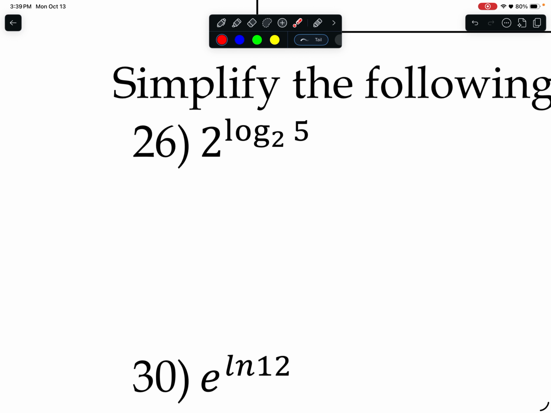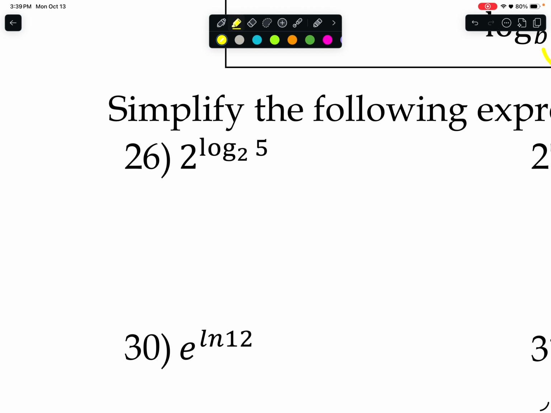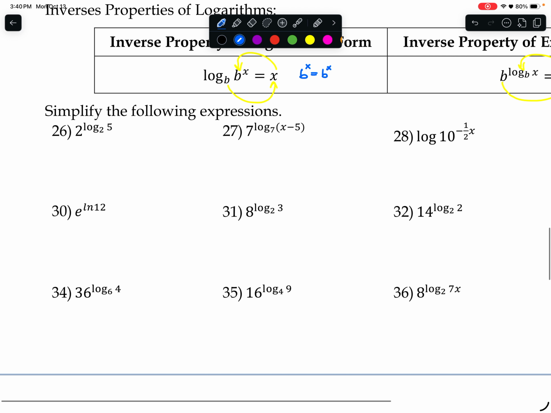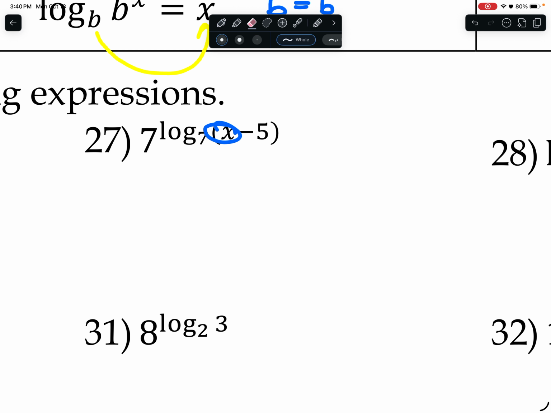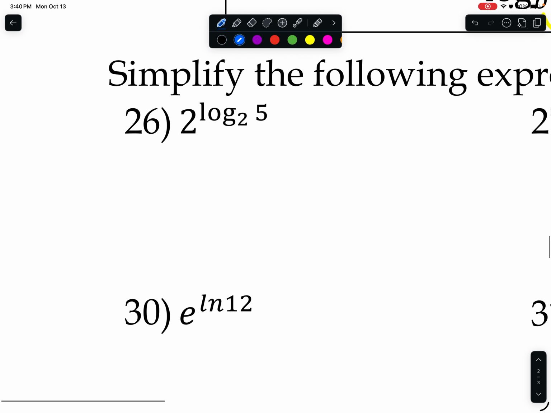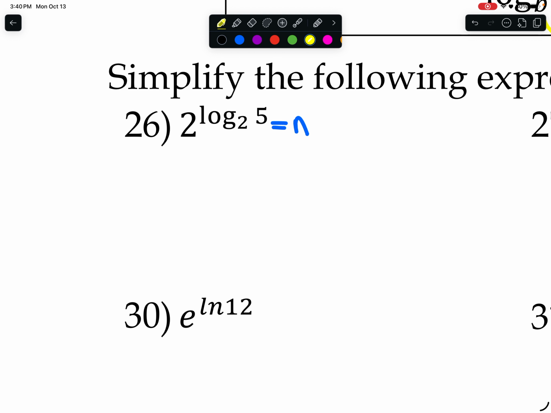So over here, what has to happen is your base of your exponent and your log have to be the same. So what I'm going to do is solve for an unknown value. Now, because some of these are going to have a variable in them, I don't want to set it equal to x. I'm going to set it equal to another letter. I like to just use the letter n. That's just me. So I'm going to convert from exponential to logarithmic form. So this is going to be 2 raised to the n is equal to... Nope, I need to go to logarithmic form.